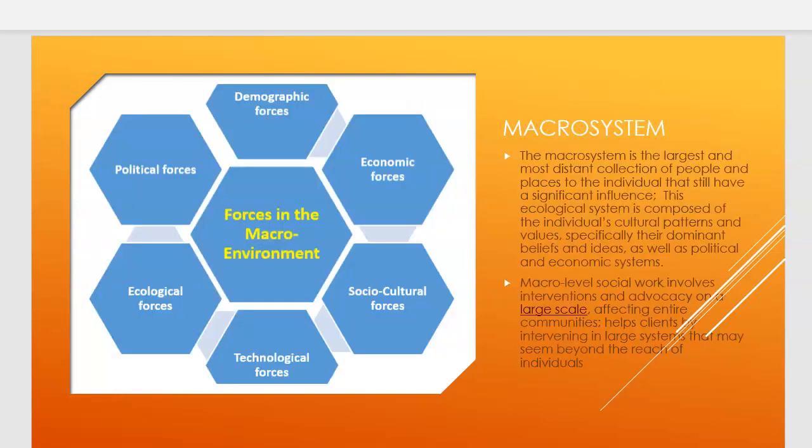And the macro-level system are those larger systemic systems, which are depicted in the graphic on the slide. And macro-level social work involves interventions and advocacy on a larger scale that affect entire communities, help clients by intervening in large systems, and is larger than the meso environment.